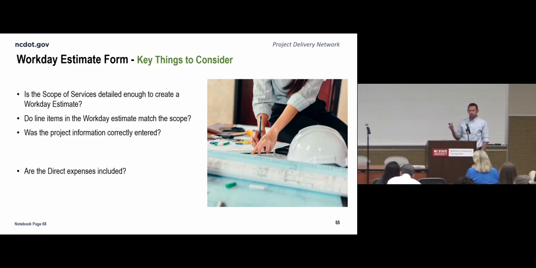Some units, such as hydraulics and roadway, use different units, such as hours and days, on different tabs of the workday estimate. So you need to be cognizant of the time units that they're expressed in for each service unit. Lots of units there. Direct expenses, those are simply hotels and mileage and things that are direct pass-through costs to PEF, for example.